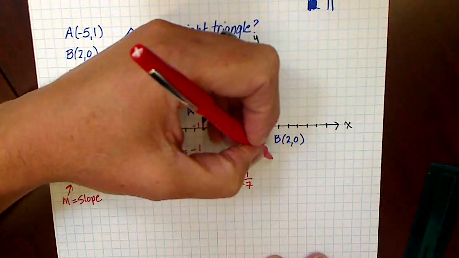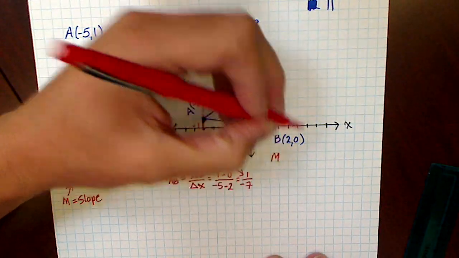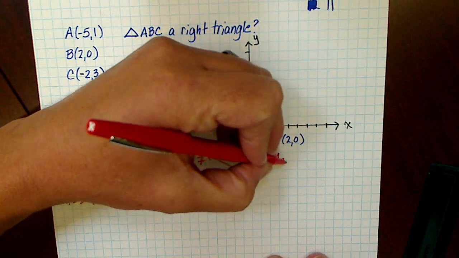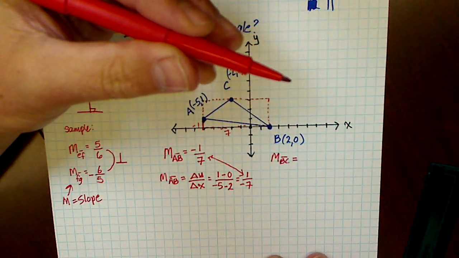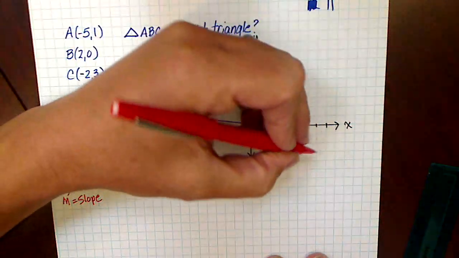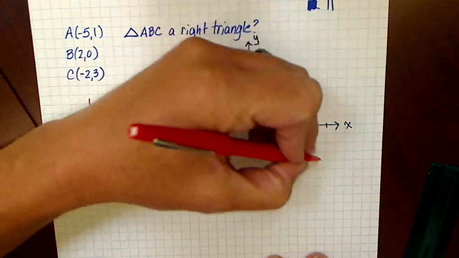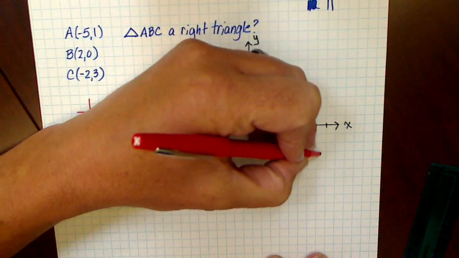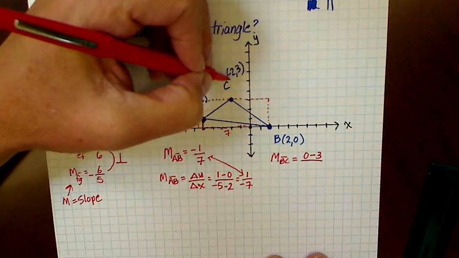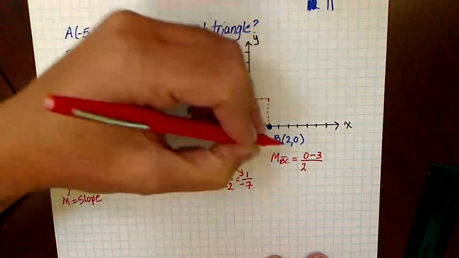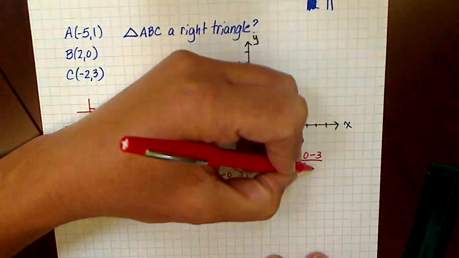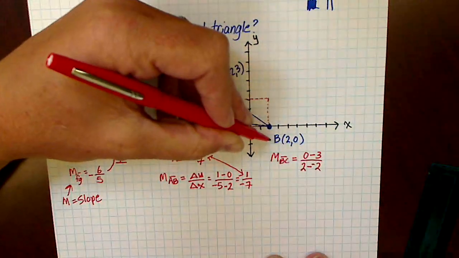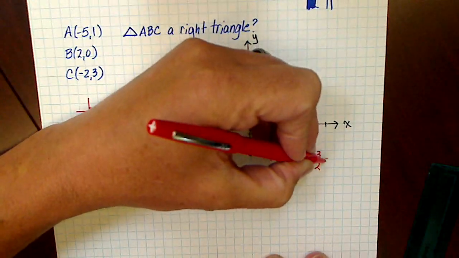Now if I want to find the slope from B to C, I can take the difference in the y values, 0 minus 3, over the x values, 2 minus a -2. Remember, minus a negative makes it a positive.